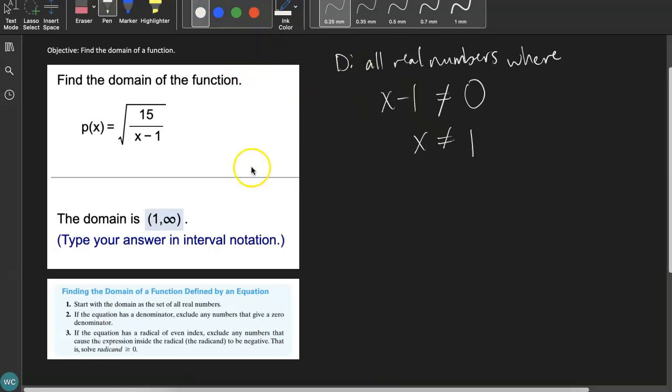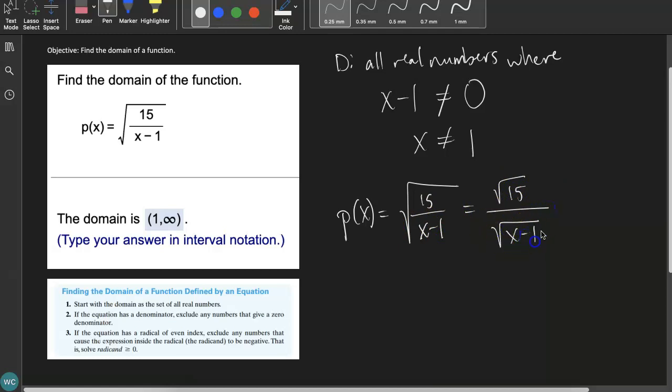So I'm going to do a little bit to this function to begin with, though, because it is like a fraction underneath a radical. I can separate those two using properties of square roots. And the square root of 15 is not very meaningful in this process, just to be honest.